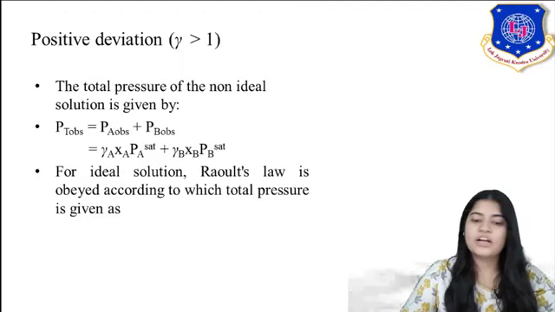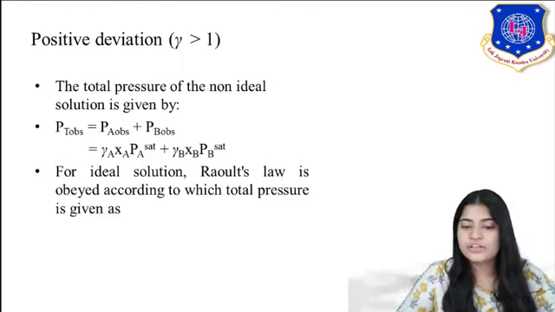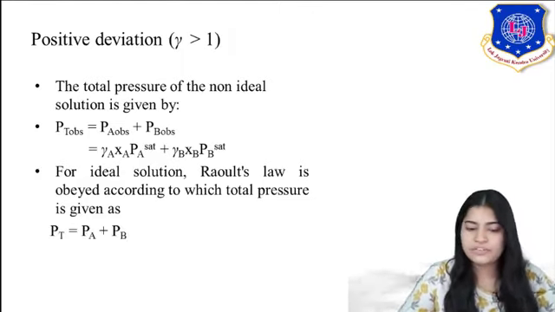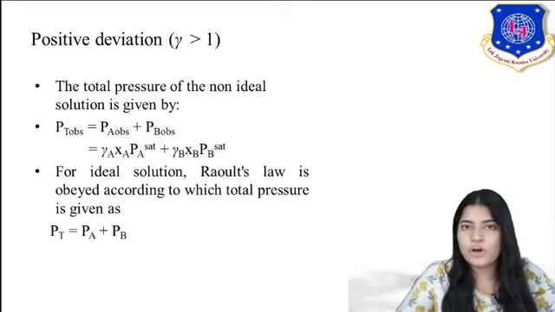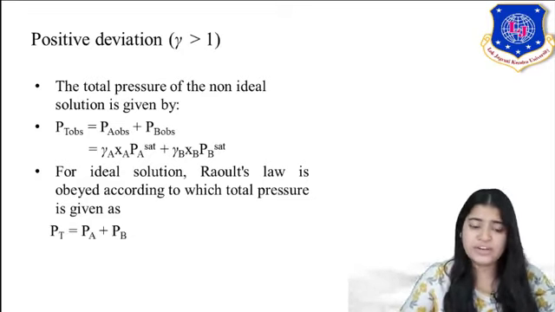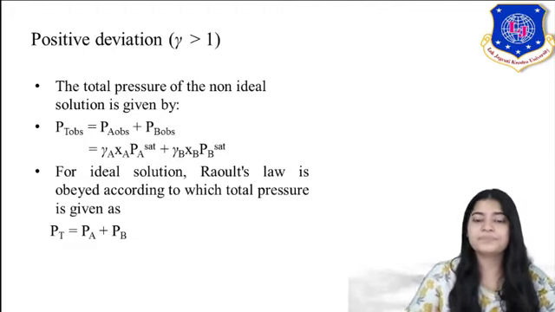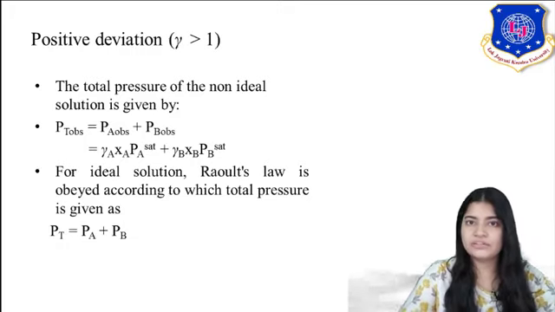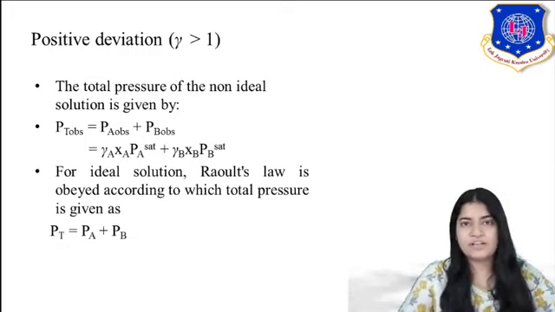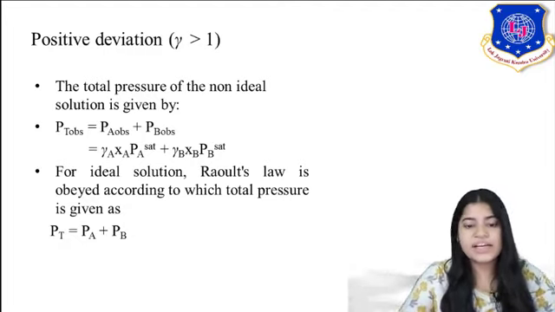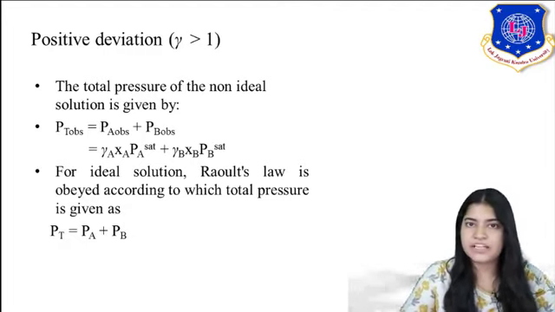Now for an ideal solution, Raoult's law is obeyed, which is given as PT is equal to PA plus PB. The above PT observed is for the non-ideal solution, whereas the second equation, PT is equal to PA plus PB, is for Raoult's law, the ideal solution. So you can see the difference. Now see, gamma is more than 1, hence a positive factor will come in here.